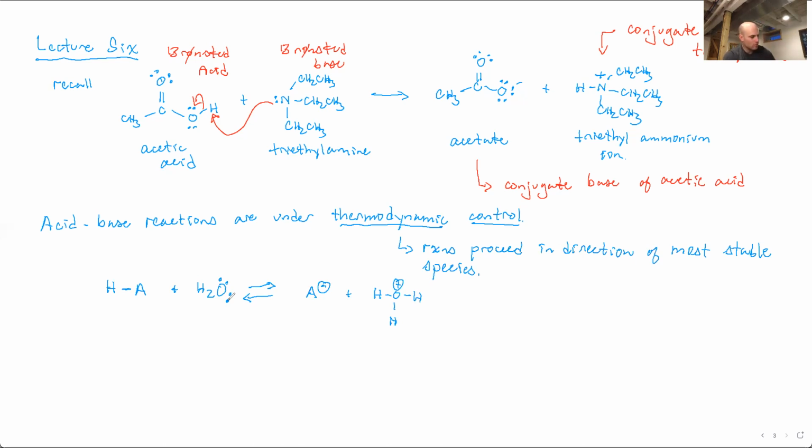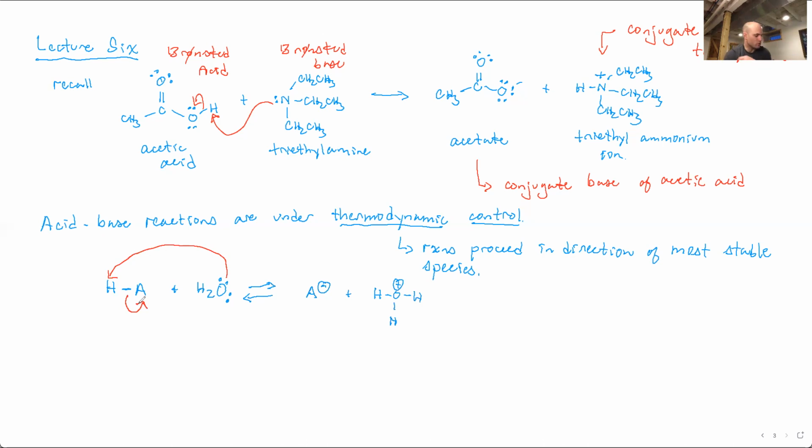In this transformation, if I want to push electrons, I can have the lone pair on oxygen attack the proton on the acid, cleave the H-A bond, and that gets me to the products on the right.